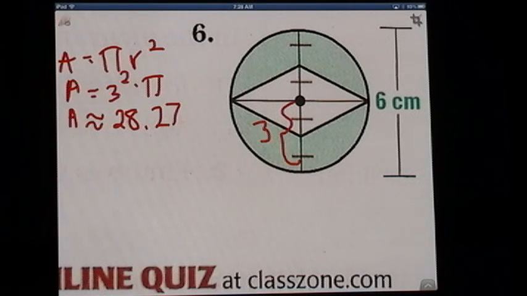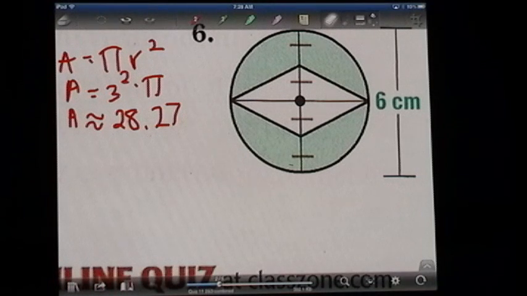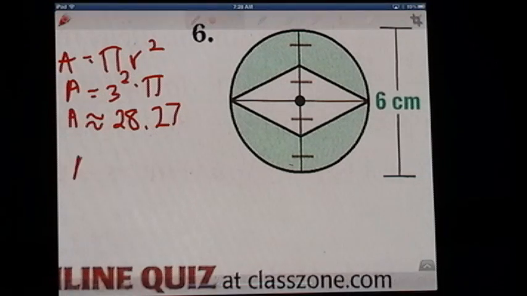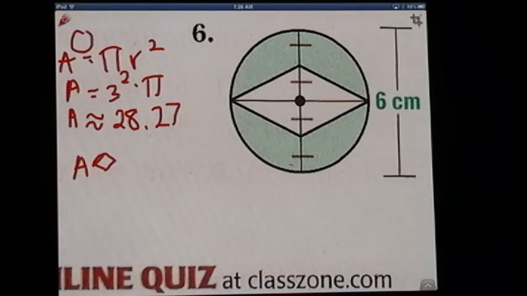Alright, now we're going to look a little bit more carefully at the diamond in it. I'm going to erase this so that we can see what we're looking at. Remember, the area of a diamond is 1/2 diagonal 1 times diagonal 2. I guess I should put up here that this is the circle. And so we need both diagonals in here.